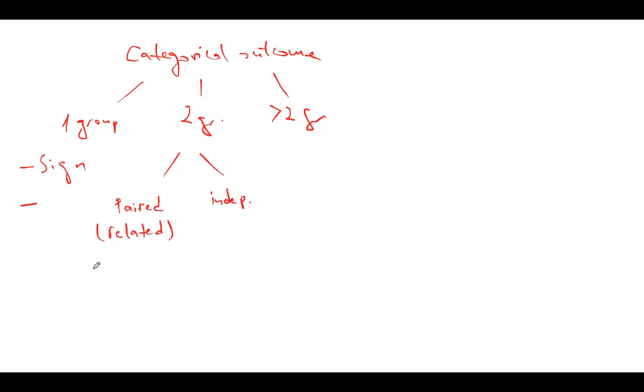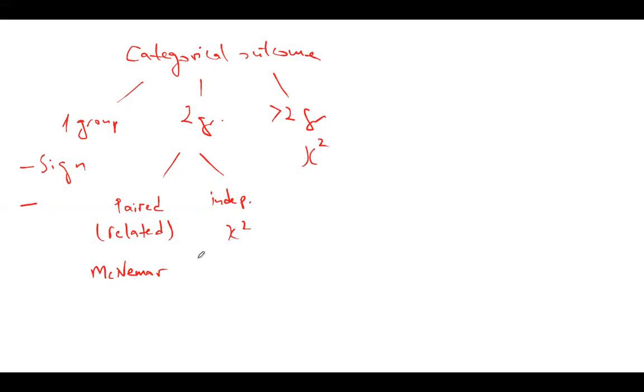If it is paired, we have McNemar's test. If they are independent, or if there are more than two groups, then always we have the chi-square test.